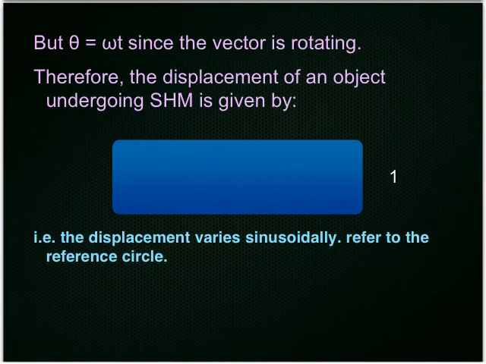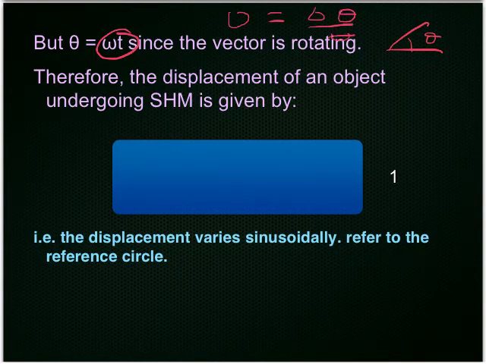We can find the angle in that triangle for any time from omega t, where omega equals change in theta over time. Since it's rotating, the displacement of an object undergoing SHM is given by x equals A sine omega t.